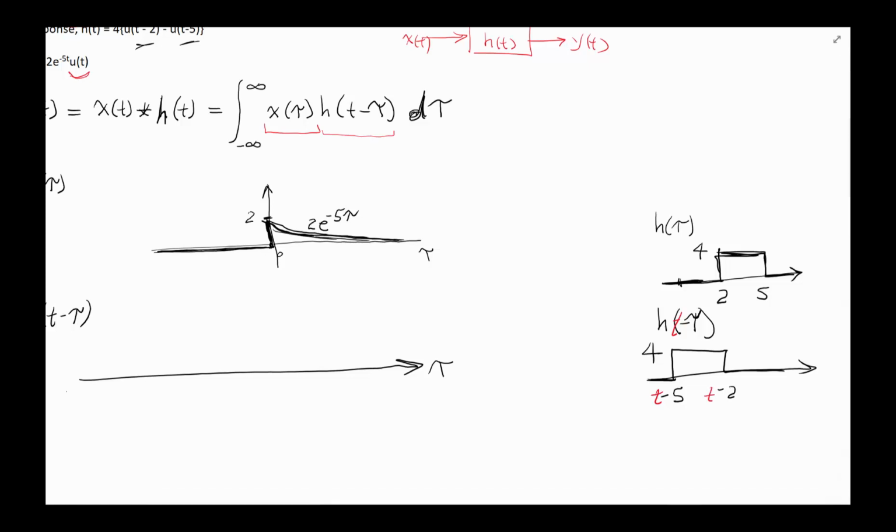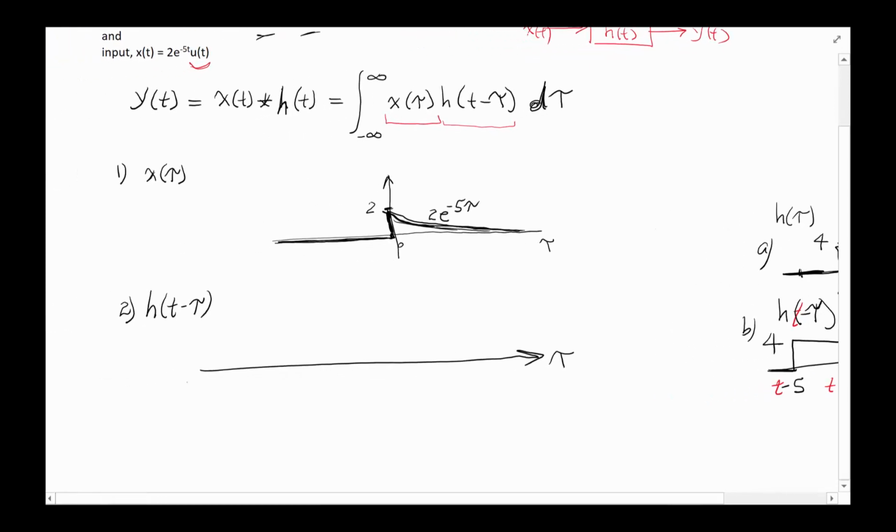So now that we've gone through step A to draw h of tau, then h of minus tau, we are ready with our final thing of drawing the final signal, which is h of t minus tau. And notice how I'm drawing it all the way to the left, so it becomes clear where it's going to have an overlap.